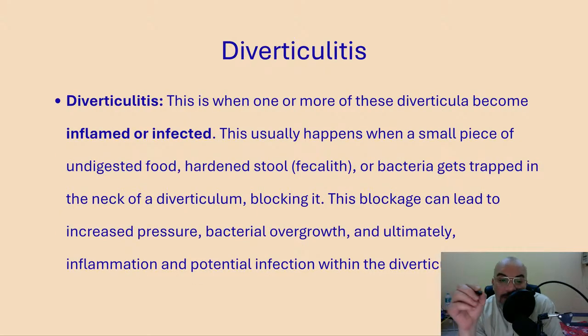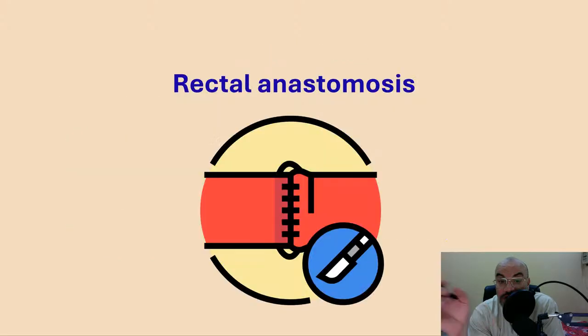When this infection happens, it can lead to life-threatening issues and severe complications if not taken into consideration, because it will lead at the end to colon obstruction and a bigger problem.